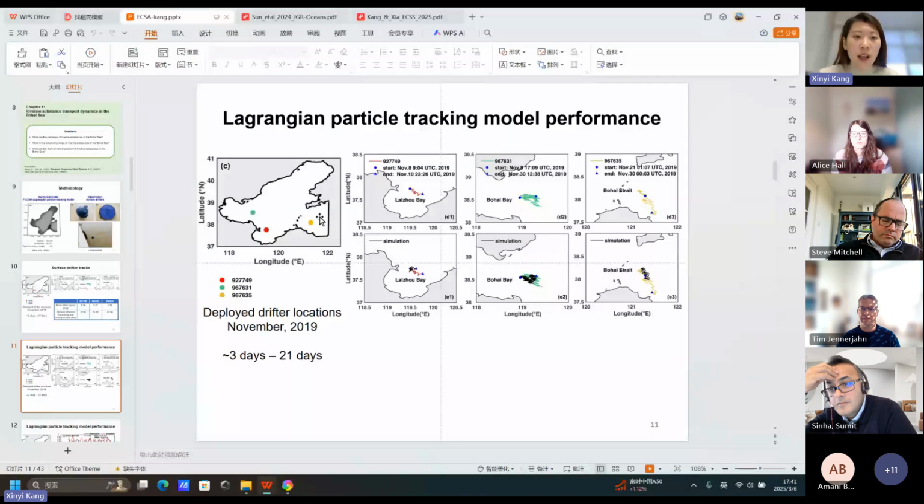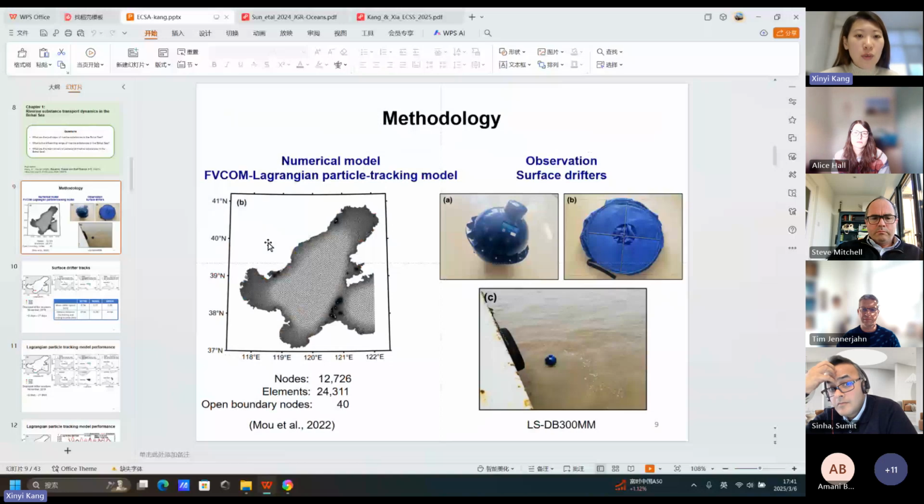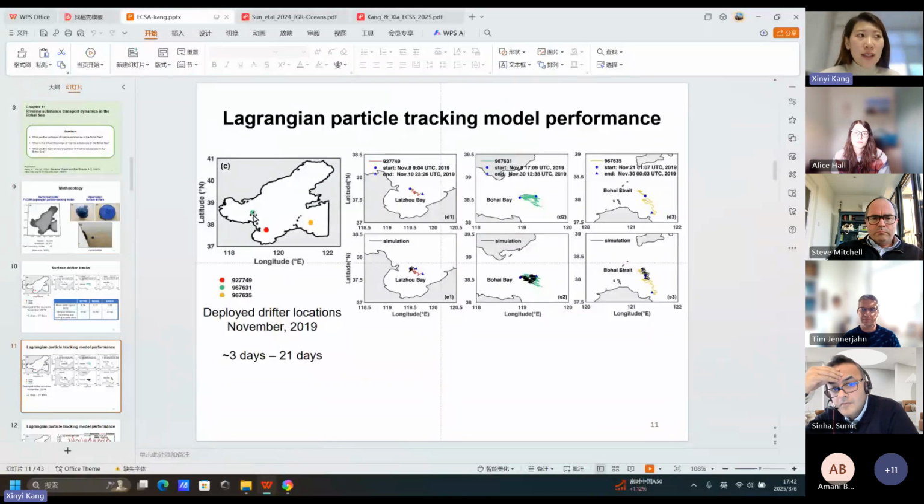However, in the real marine environment, a constant value is not realistic. So we applied the horizontal diffusion coefficient from FECOM to the Lagrangian particle tracking model, from constant values to spatially and temporally variable values for the random walk calculation. So this is a major update for our model to calibrate and validate the particle tracking model performance.